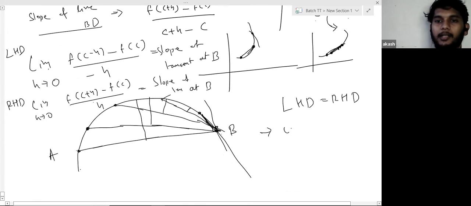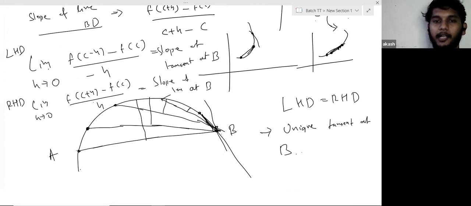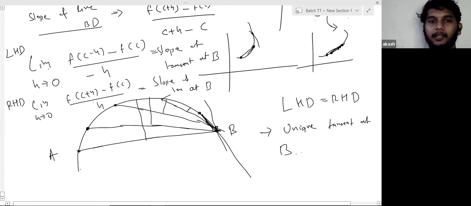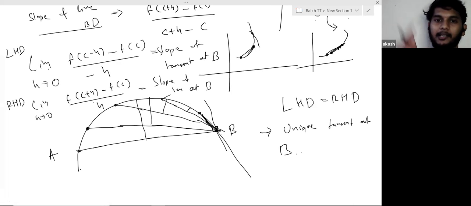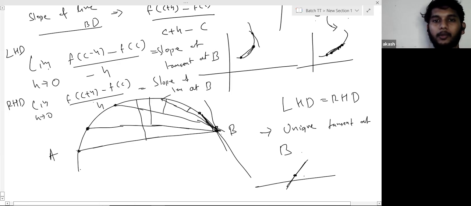There is a unique tangent at B. This is the meaning of differentiability: there exists a unique tangent at point B if the function is differentiable at B. This is clear because the slope of this line and this line is equal, and we know that a line from a specific point with a specific slope, only one line is possible. We cannot draw two lines, right?